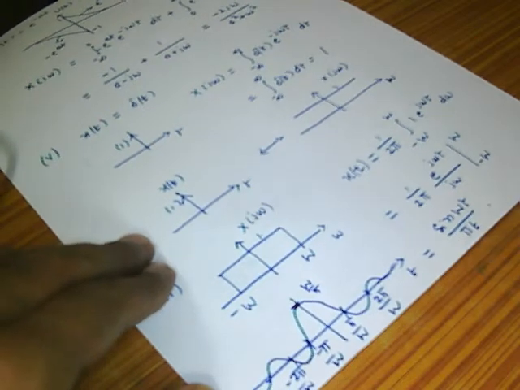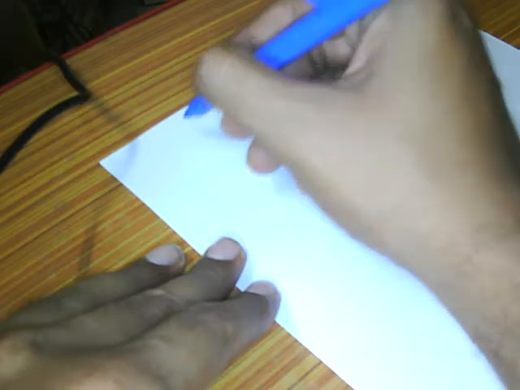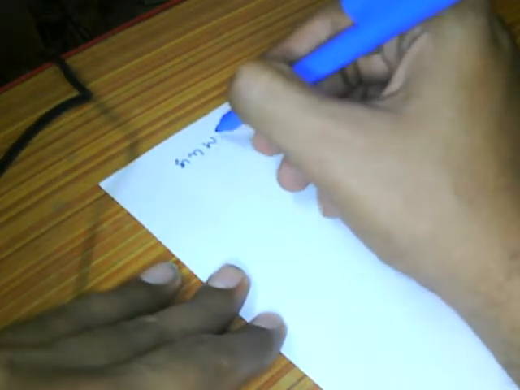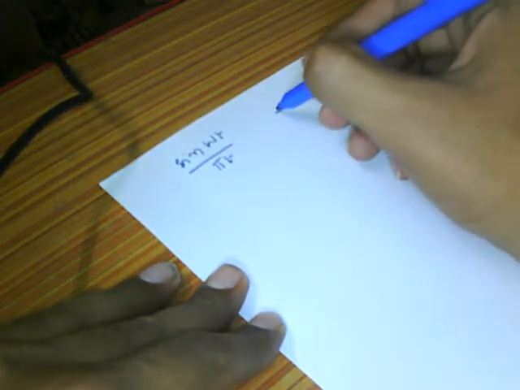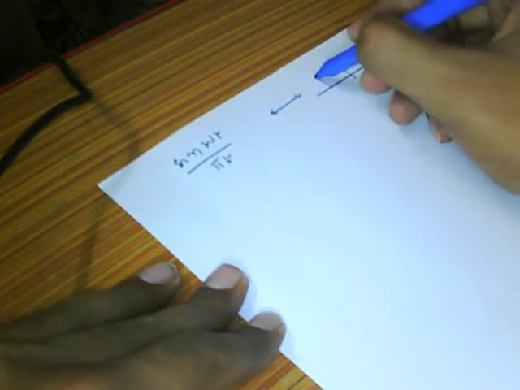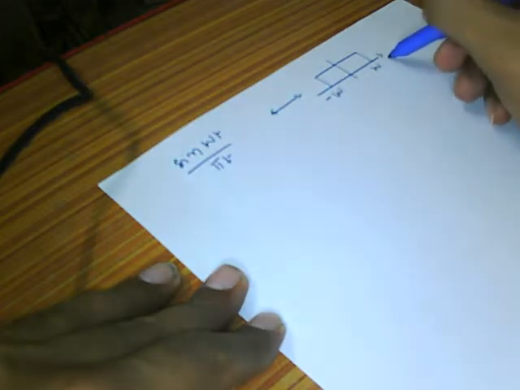Okay, right. So next we will proceed. We will write the previous equation in a neat way. So we have got sin wt by pi t will have a rectangle signal from minus w to plus w as the Fourier transform.